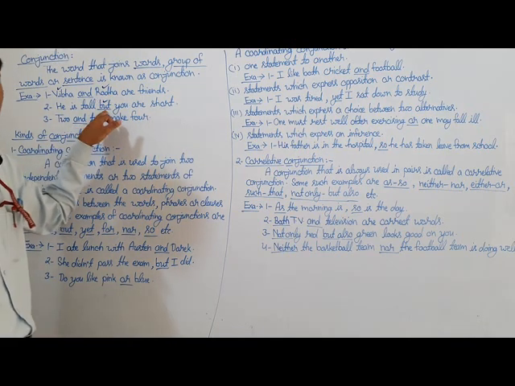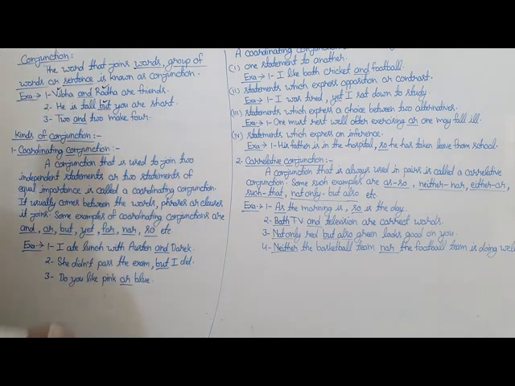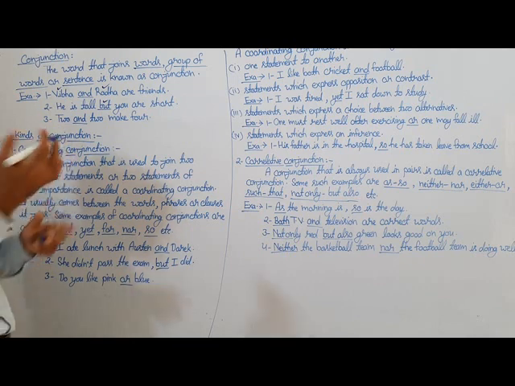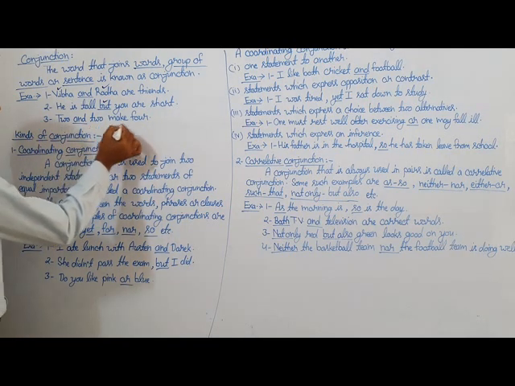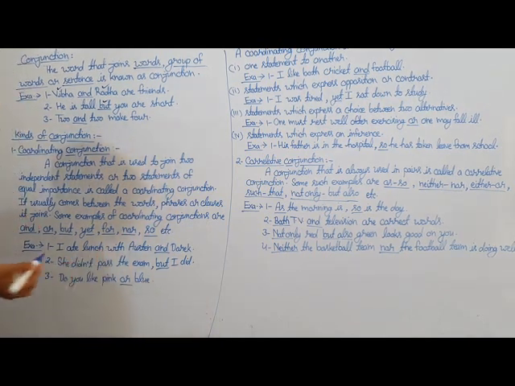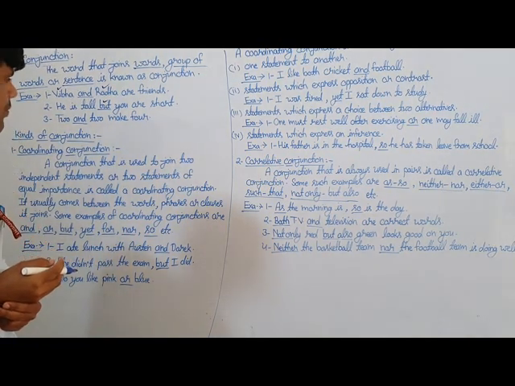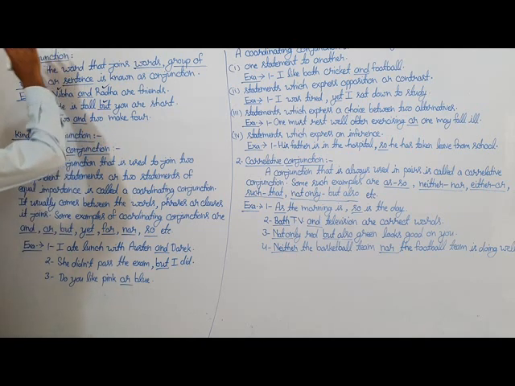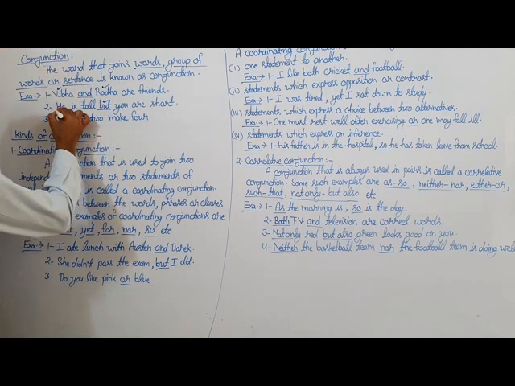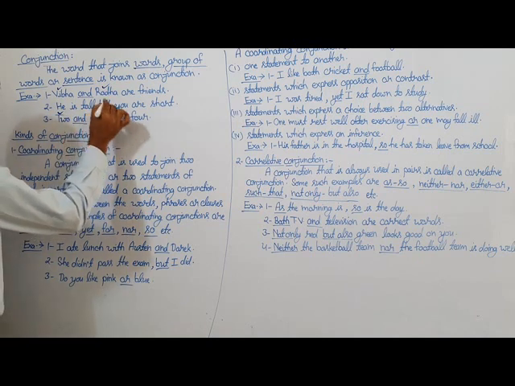So here the underlined word is a conjunction or linker. And here is the third example: Two and two make four. Here the underlined word "and" is a conjunction because it is used to join two words, two and two, with each other.